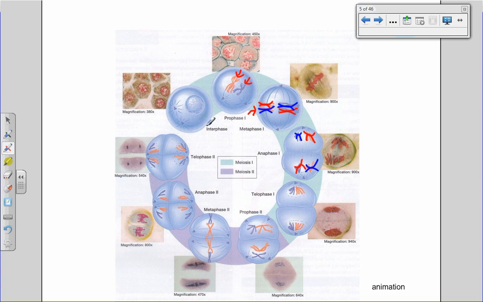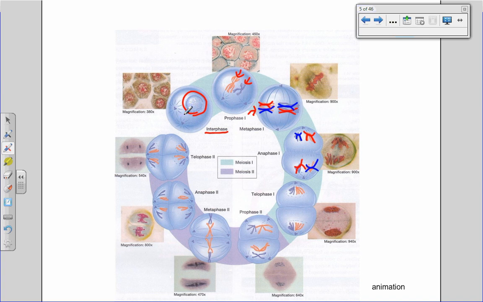If you look very quickly at it, the start of meiosis is the same as the start of mitosis. The cell is in interphase. The nuclear membrane is intact, and you can't see the chromosomes right now because they're in chromatin form. During that second gap phase in interphase, they're getting ready for division.